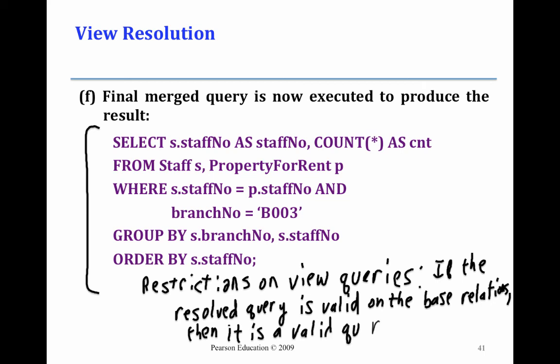So if after you translate or resolve the query, that query is a valid query over the base relations, then it is a valid query. And if it is not a valid query on the base relations, then it is also not a valid query on the view.